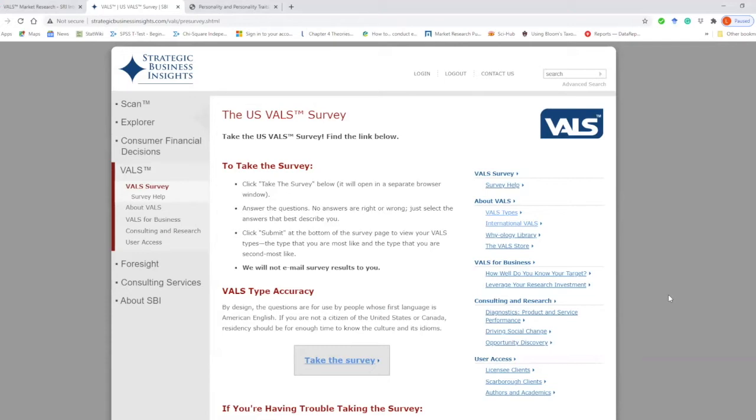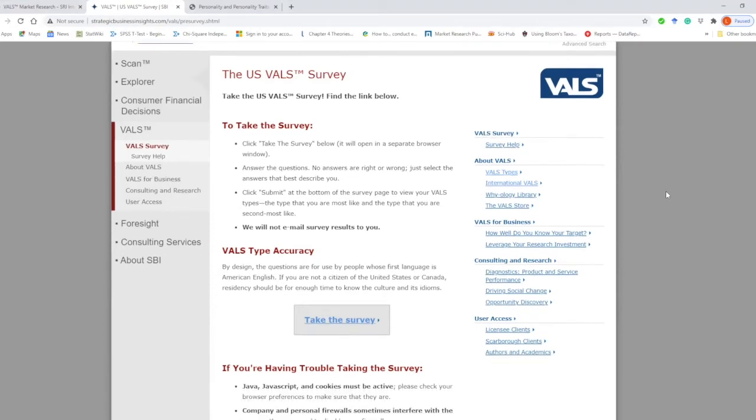Like I said, they run the VALS survey for different consumers in different locations, for different organizations, depending on what the organization is looking for and how they want the VALS program to be deployed in terms of the objectives they have for their global marketing, among others. In the left-hand corner of the screen, we can see VALS for business, consulting and research, among others.